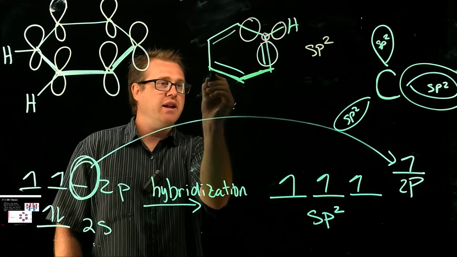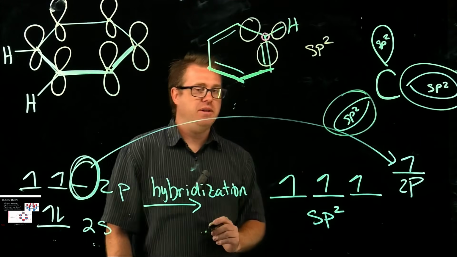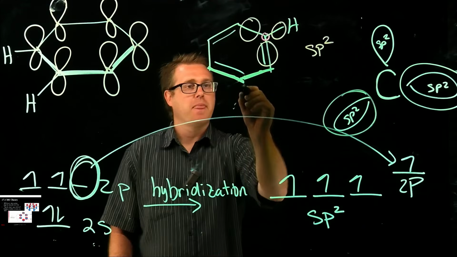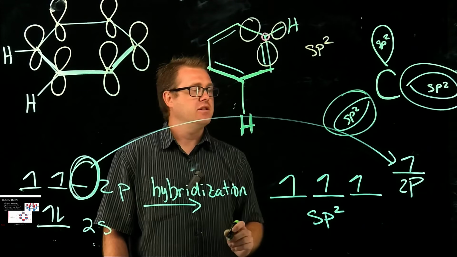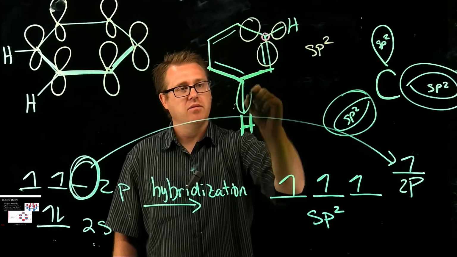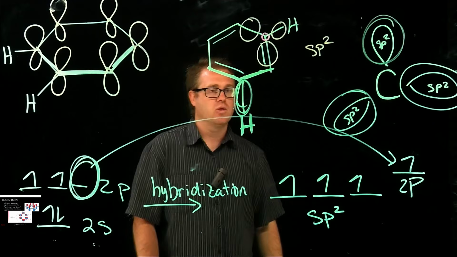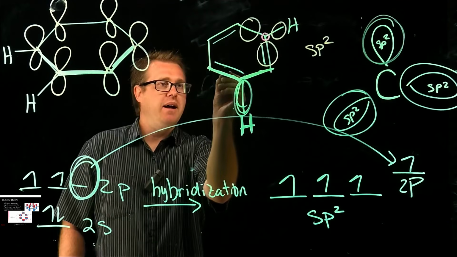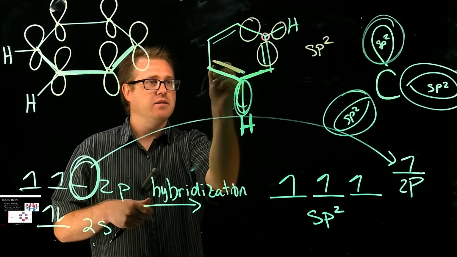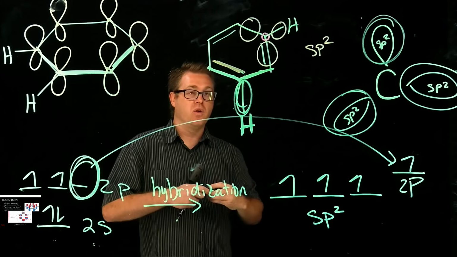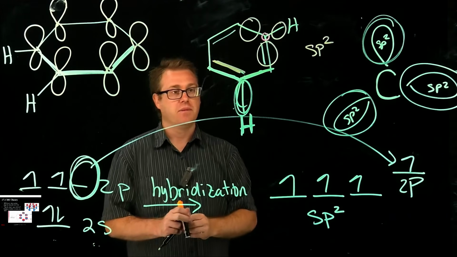And this bond right here is using another sp2 hybridized orbital. And then there's this hydrogen atom attached, and that bond is being formed by another sp2 hybridized orbital. But what about the pi bond? This one right here is formed from the p orbitals that are perpendicular.